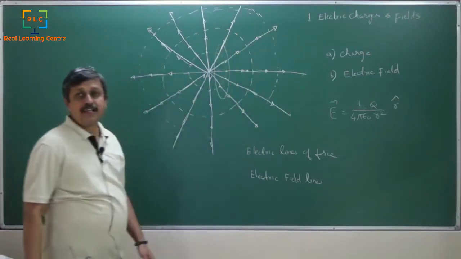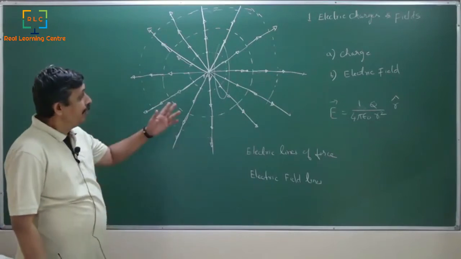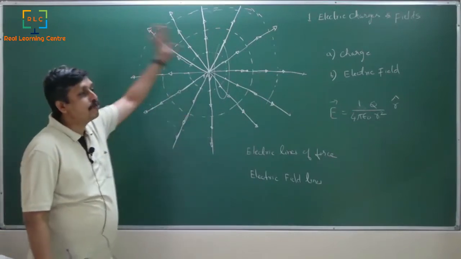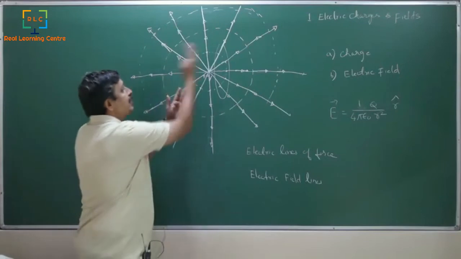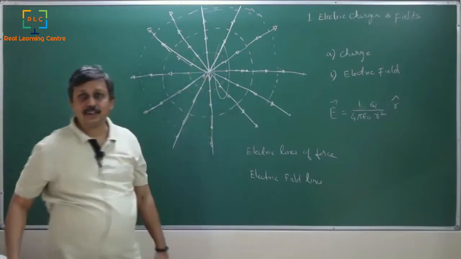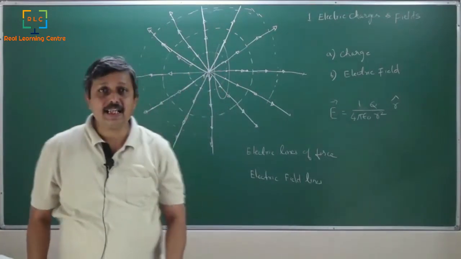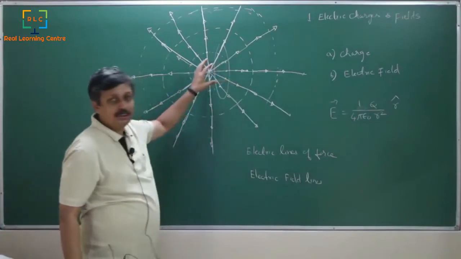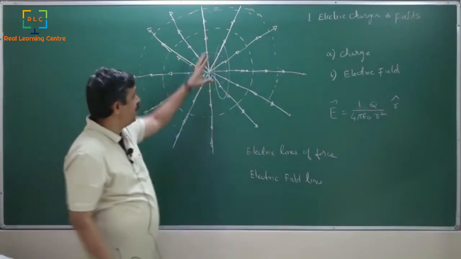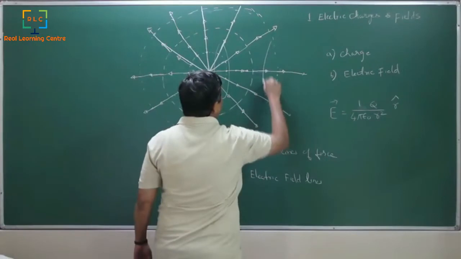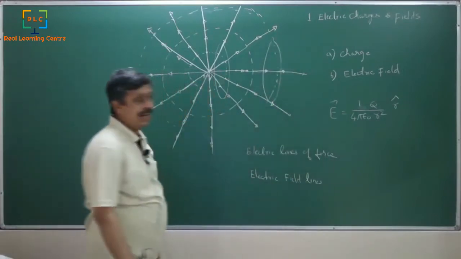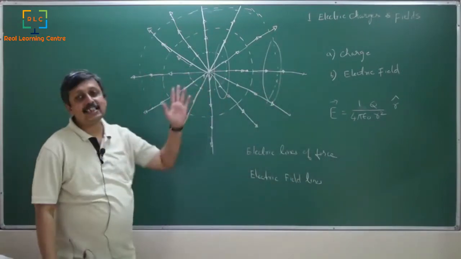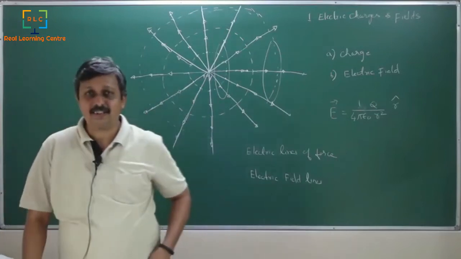I am drawing this circle here because this is basically a sphere. In the sphere, I am going to cut out a small area here. In that area, you see there are so many lines passing through. Whereas in the same sized area here, you can see that a lesser number of lines are passing through.